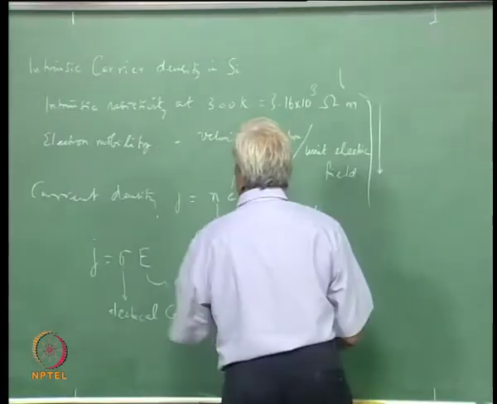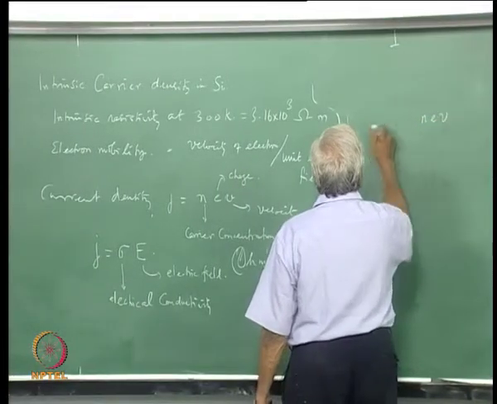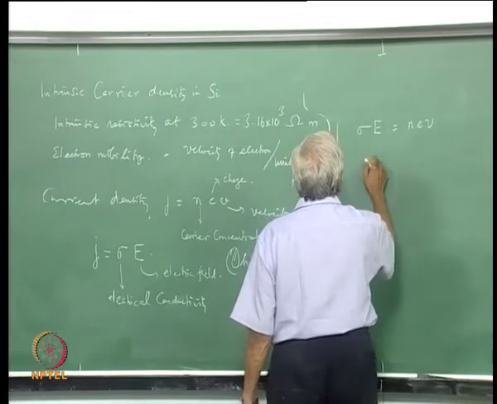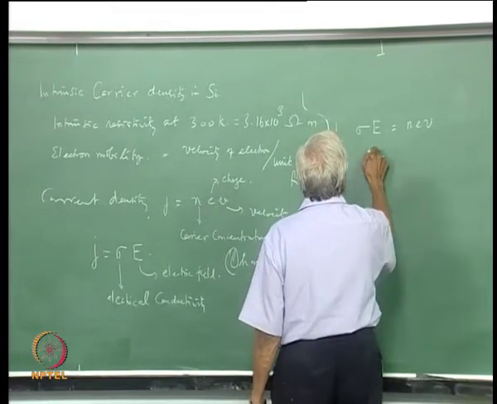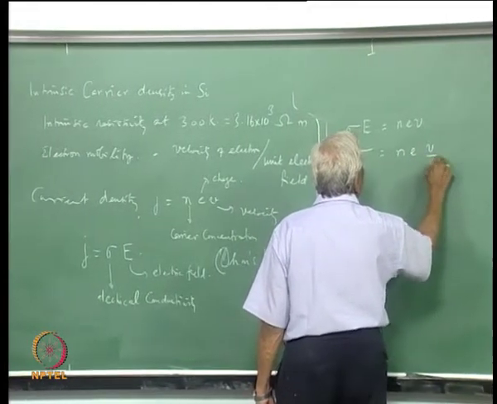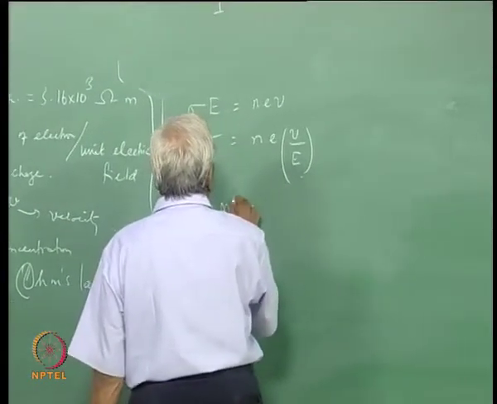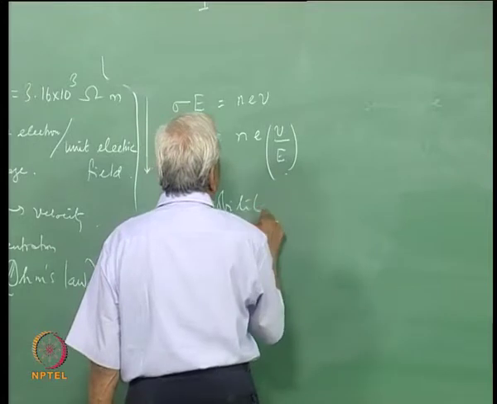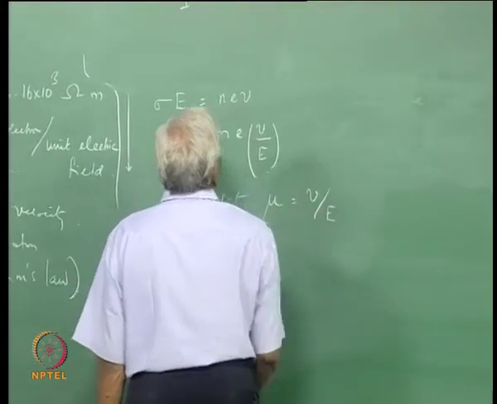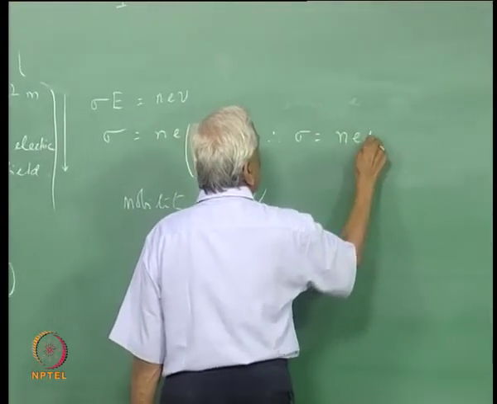Because of these we can write N e V is sigma E, and therefore, sigma is N e V by E, and it is this quantity V by E which we have defined as the mobility. Therefore, sigma is N e mu.